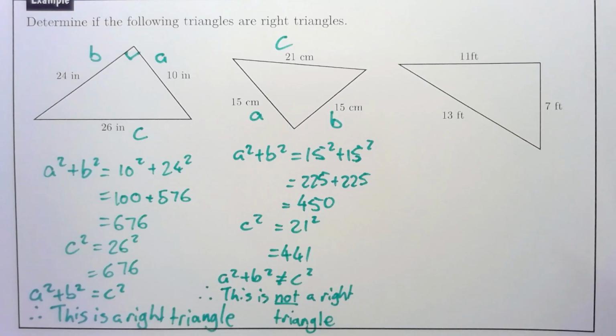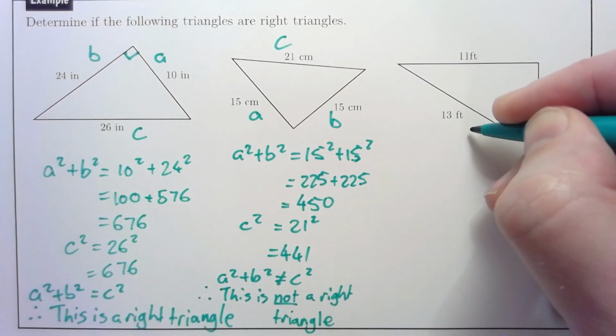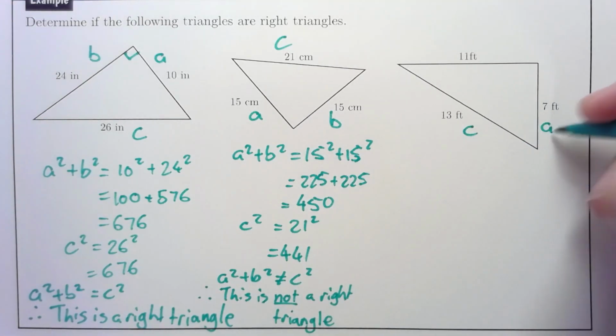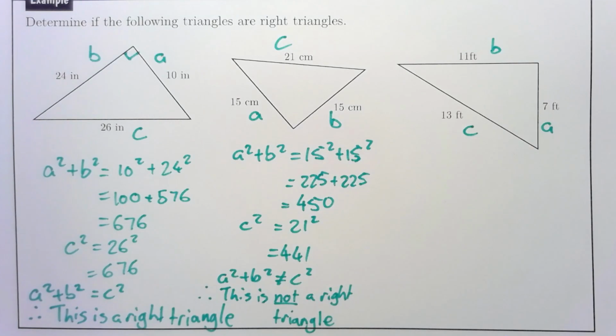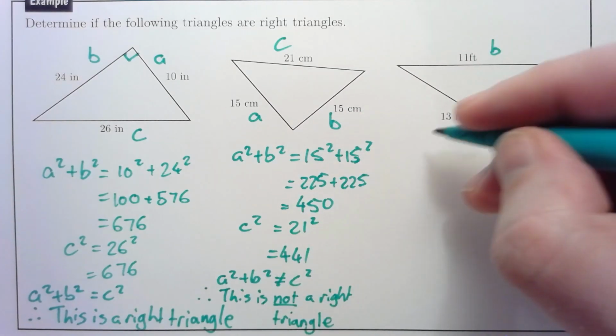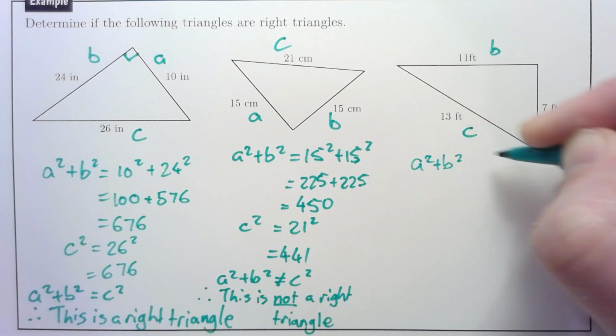So, 3 sides again. C is always the longest one. In this case, that's the one that is 13 feet. Our other 2 sides, it doesn't matter how we label them. So I'm going to go with this choice. Those are our 2 legs. So, hopefully you're getting used to the process now. First, we need to find a squared plus b squared.